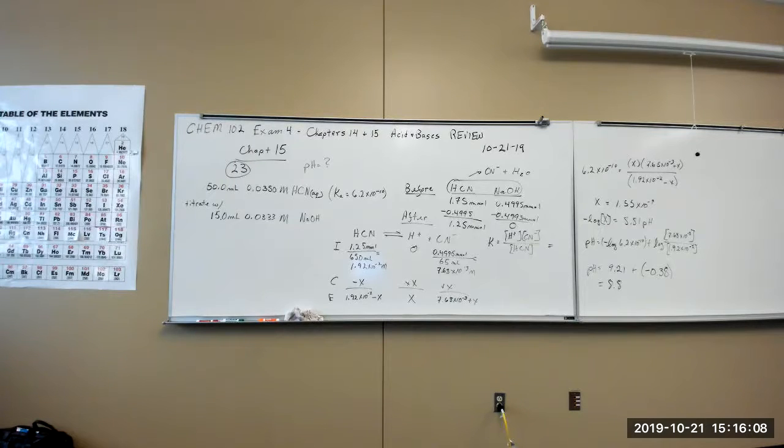Number 19 in your problem set requires that you calculate the pH at equivalence for each one of these.